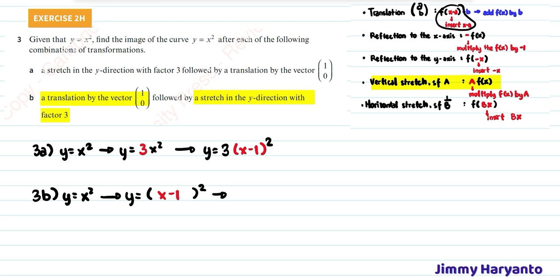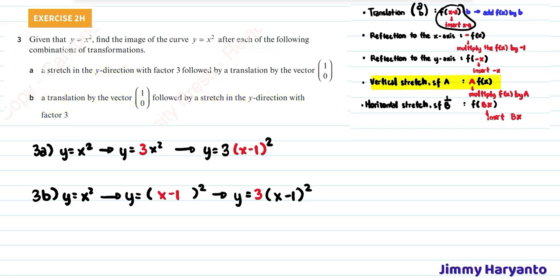Oh, the order of transformation is reversed, yeah. So for this one, we have y equals 3 and then times it with (x minus 1) squared. There you go. So when you reverse the operation, it will stay the same because one of them is vertical and one of them is horizontal. They will not affect each other.